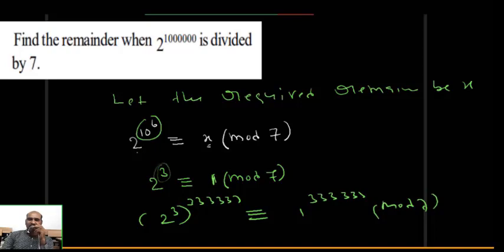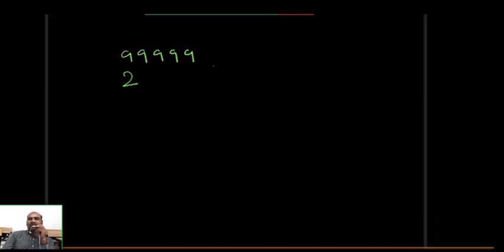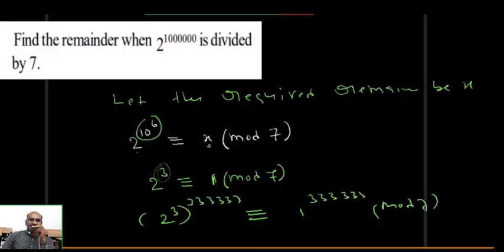Actually here you want a bigger exponent, no? So I am creating that bigger exponent. I raised the power of 3 3 3 3. Then what we will get, I will write on the next page. 2 power 1 2 3 4 5, I think you need to take five 3s only.